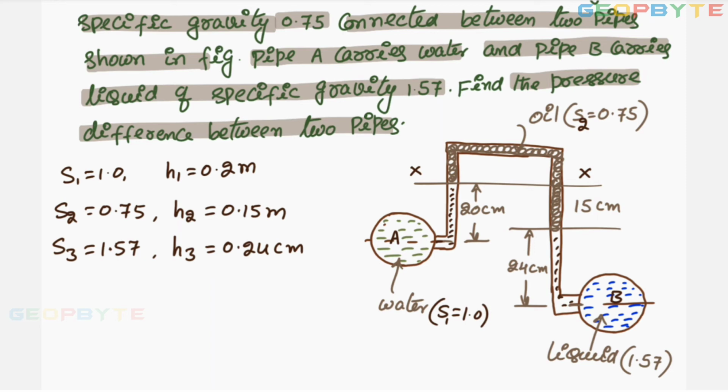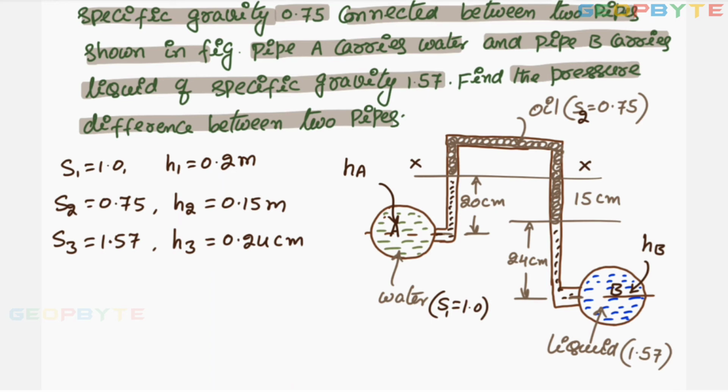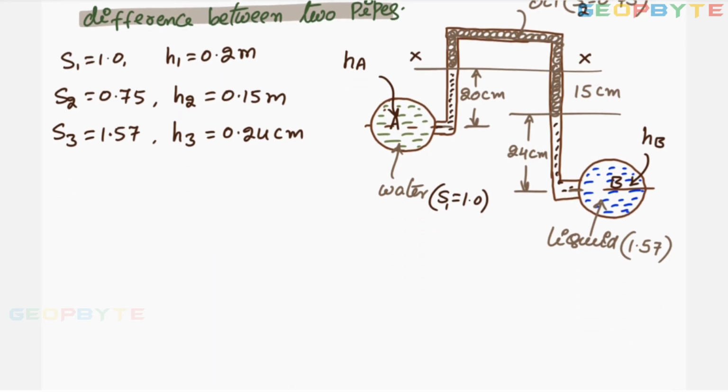Now assume pressure head at the center of the pipe A is HA, pressure head at the center of the pipe B is HB. So with respect to the reference line XX, write the pressure head equation, the condition for equilibrium.